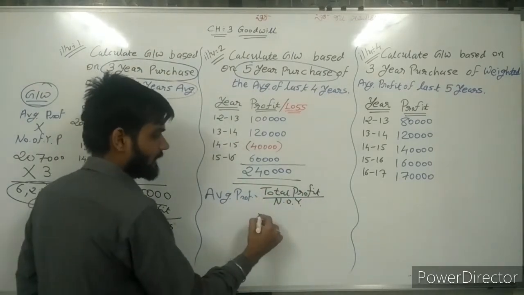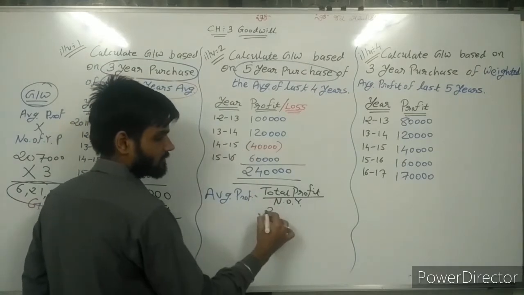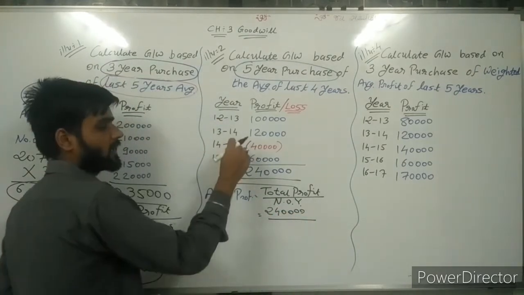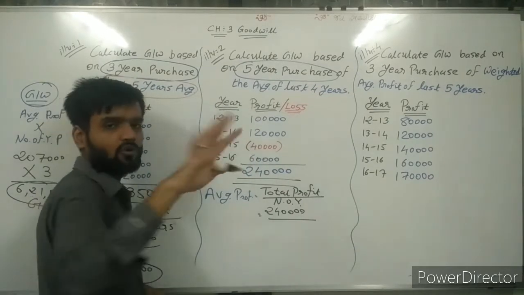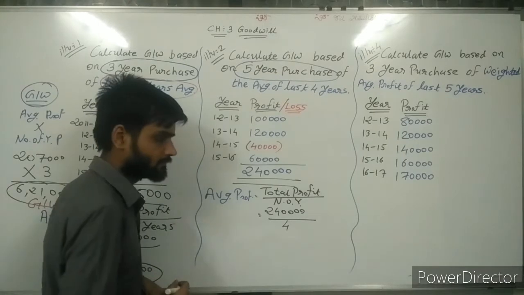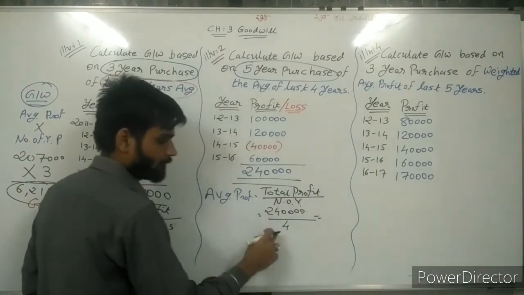Sir, total profit is given, 2,40,000, divided by number of years. Here 1, 2, 3, 4, 4 years are there. So 4. Now the answer of this division.